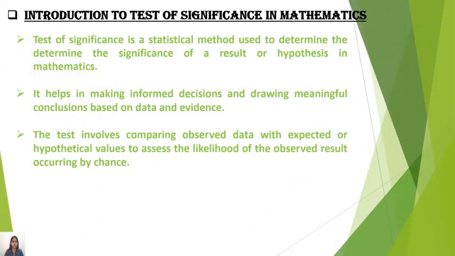Test of significance is a statistical method used to determine the significance of results or hypotheses in mathematics. It helps in making informed decisions and drawing meaningful conclusions based on data and evidence. The test involves comparing observed data with expected or hypothetical values to assess the likelihood of observed results occurring by chance.